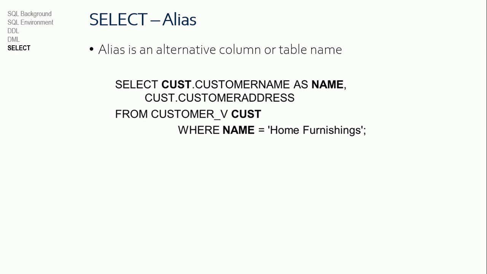If you look in the from part of that statement, it's the third line down, we put a space after the table name and then we put its alias. And then every time we reference that table, we put its alias dot column name instead of the full table name dot column name. So it makes it a little bit easier sometimes.